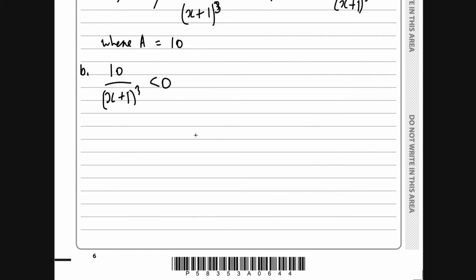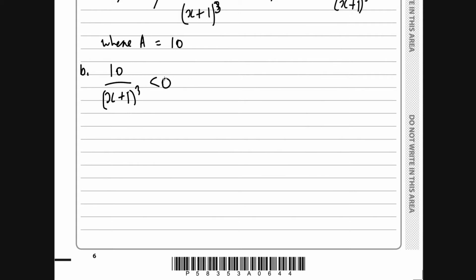In order for that to be the case, since we've got a cube term here, we need whatever is inside of this bracket to be negative. And for this to be negative, you'll need x to be less than minus 1. If it's anything greater than minus 1, or indeed if it is minus 1, you're going to end up with 0 or something greater.